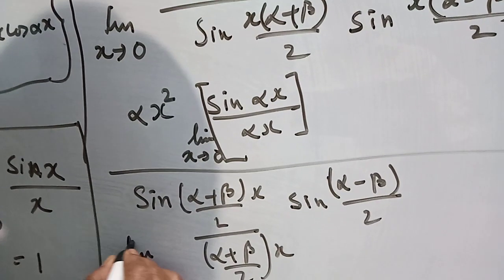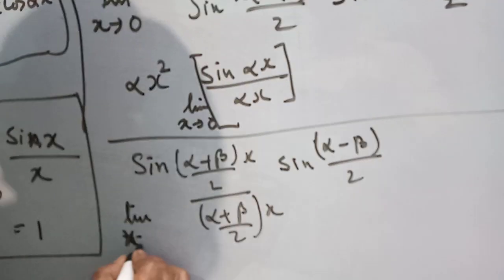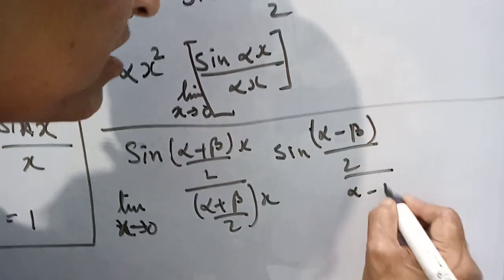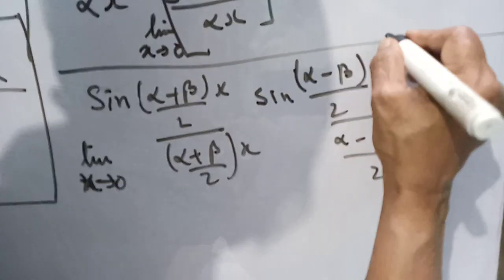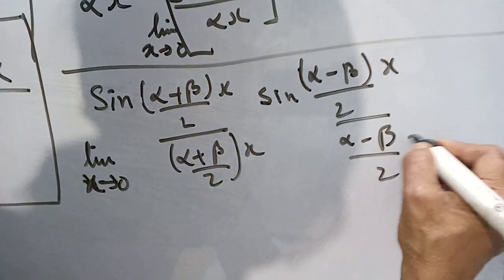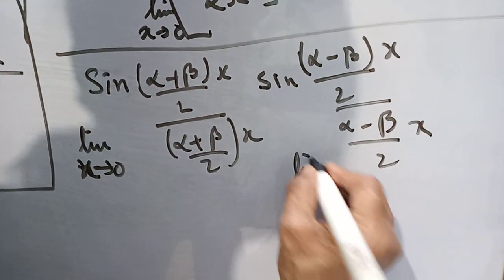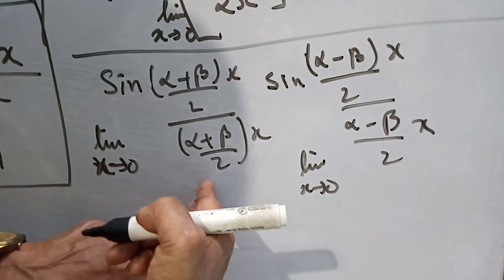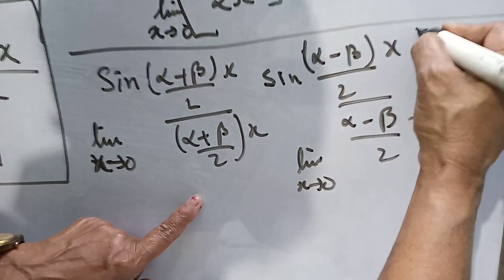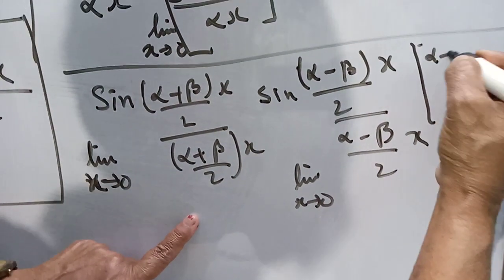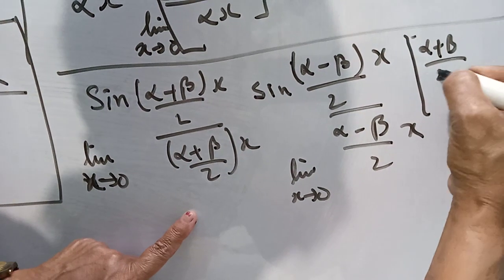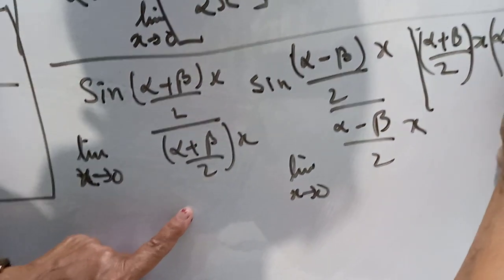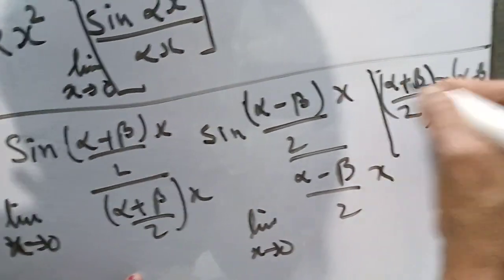And limit x tending to 0, alpha minus beta by 2, and this is limit x tending to 0. So I have divided this alpha plus beta by 2 with x, so I have to multiply it also, alpha plus beta by 2 into x, and also alpha minus beta by 2 into x.